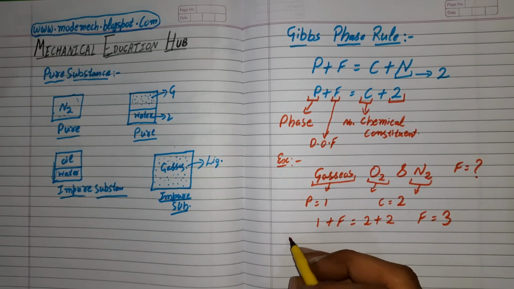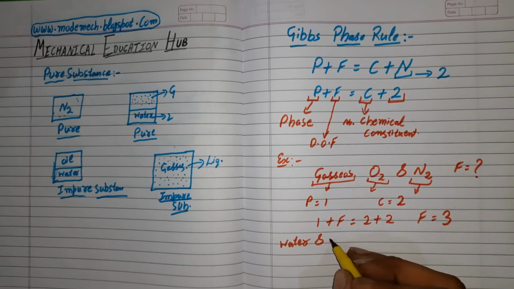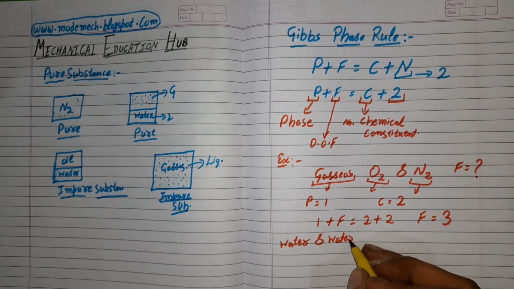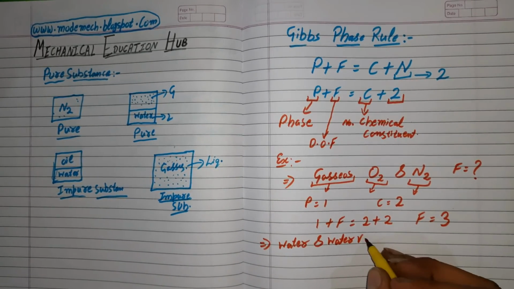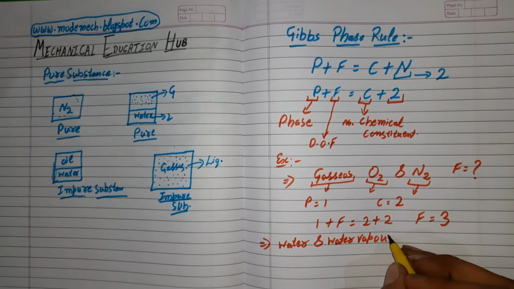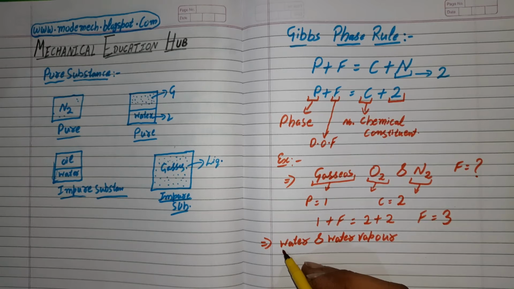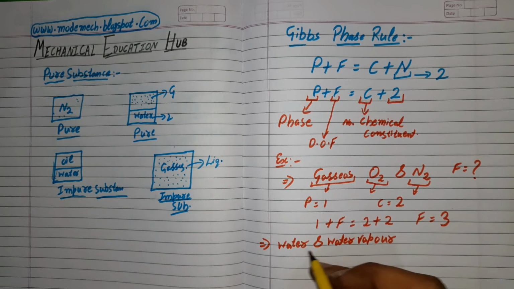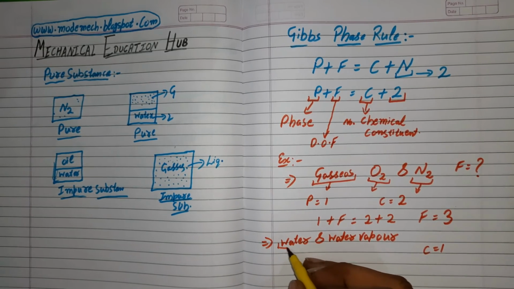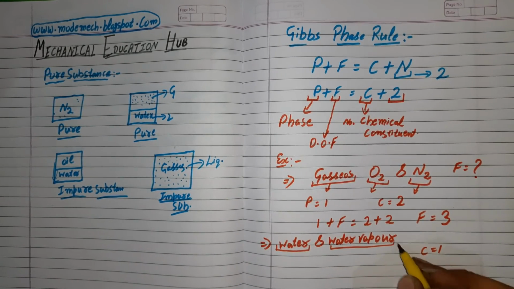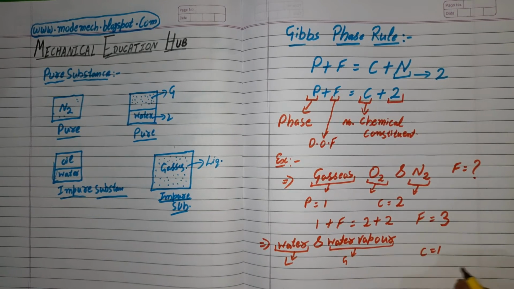Let's calculate for water and water vapor. Here we have chemical constituents as 1, that is water, so C here will be 1. But now this water is present in 2 phases, liquid and gas.